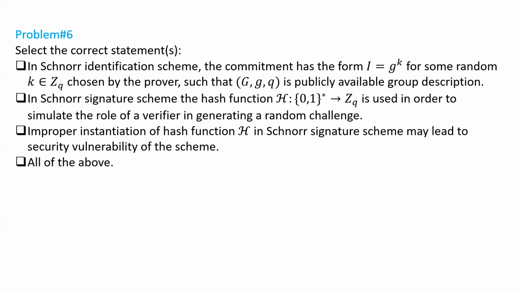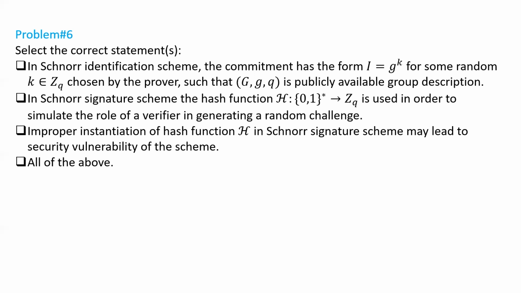In a particular instantiation of the identification scheme that we call the Schnorr identification scheme, we take help of our group structure. The group G is a cyclic group of prime order, and small g is the generator of the group, q being the size of the group, which are the publicly available group description.